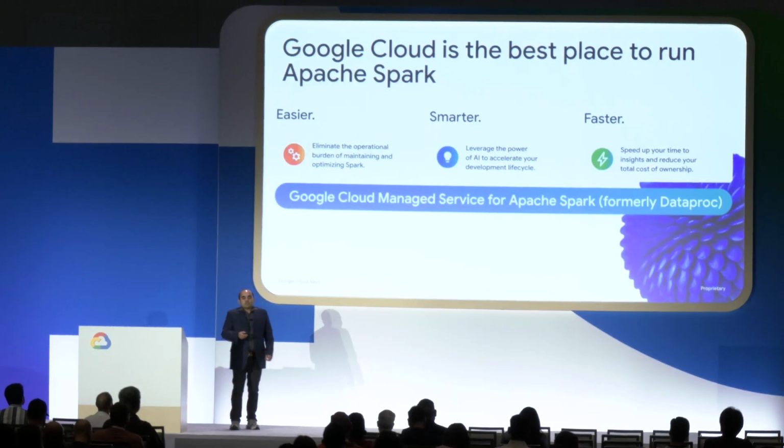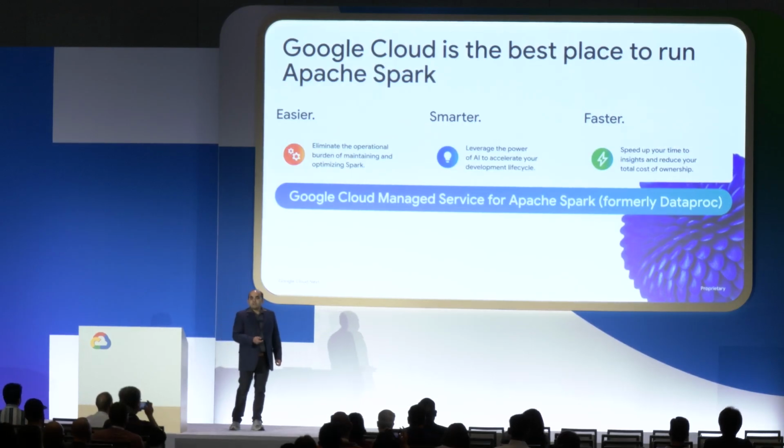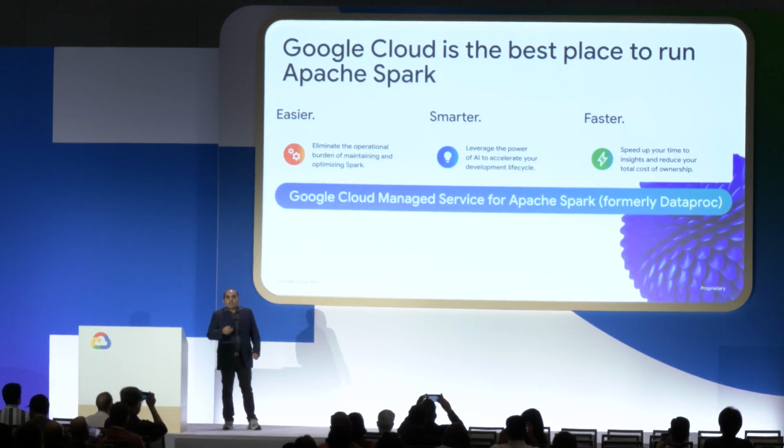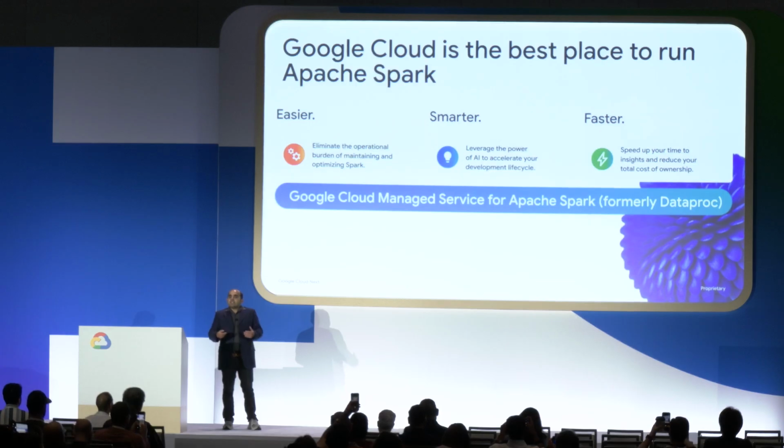How many of you have used Apache Spark on Google Cloud and heard the word Dataproc? Fantastic. So just a quick announcement. Dataproc is now called Google Cloud Managed Service for Apache Spark. It's a rename. We're not taking away any functionality, but it's a fundamental shift in how we think about the product.